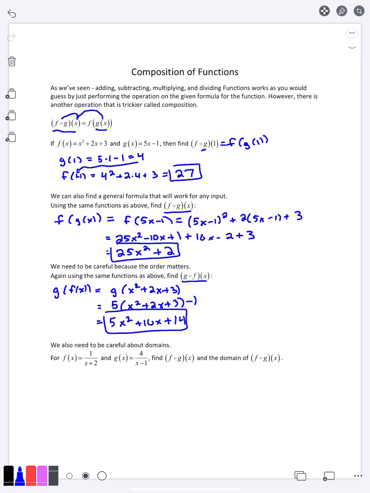Now, there's one more thing that we can also do with these problems is that we can not only find the composition, we can go ahead and look at the domain of the composition and what it's going to be. And so we can figure this out here as f circle g, so f of g of x.